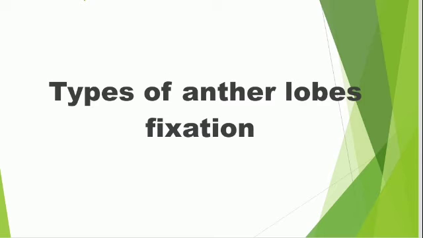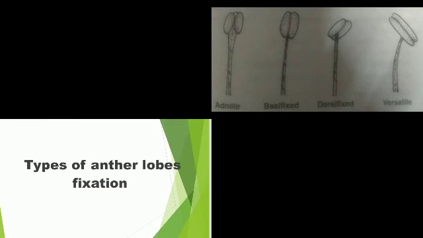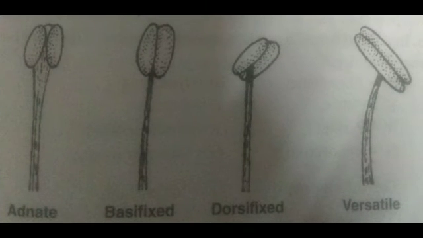First one is basifixed. Basifixed means when filament is attached to the base of the anther, and when filament runs along the whole length at the back of the anther, it is termed as adnate.